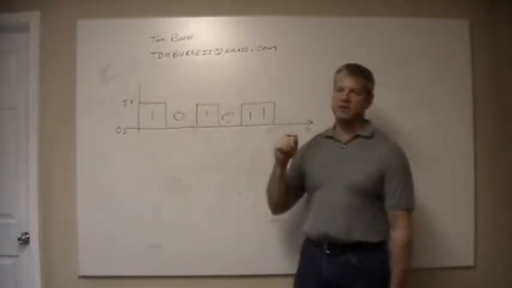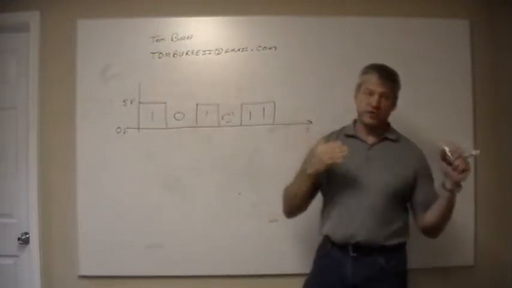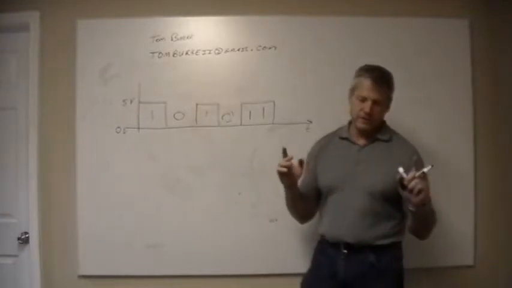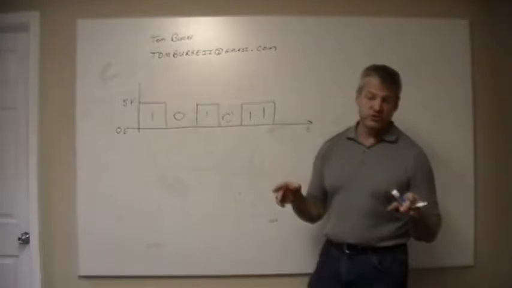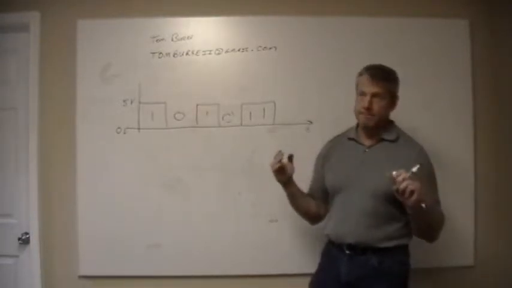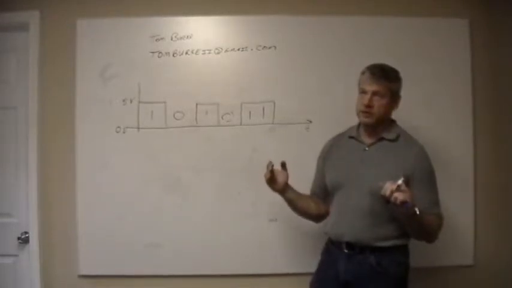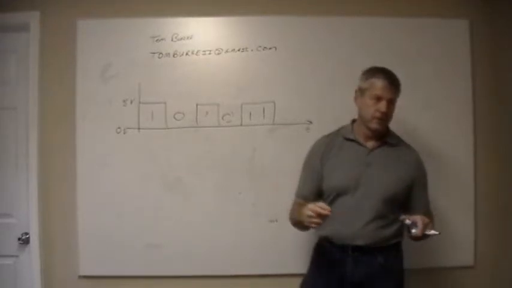So there has to be a way in your communication of knowing when things start and when things stop, and there is the understood, I'm having a vocabulary failure, the understood concept of a clock, time.